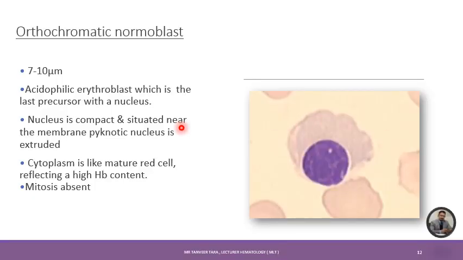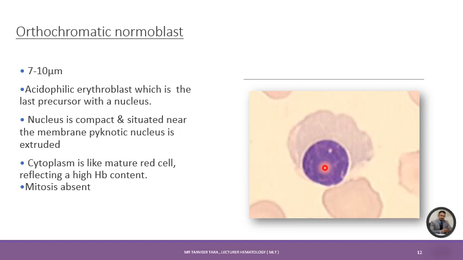Now, the orthochromatophilic normoblast. This is the cell in which the nucleus function is no longer required, and in this slide you are looking that it has a polychromatophilic color, and now its color is going to become very pinkish. It means that hemoglobin is present here, and the nucleus is now extruded. Its size is 7 to 10 micron. Acidophilic erythroblast, which is the last precursor with a nucleus.